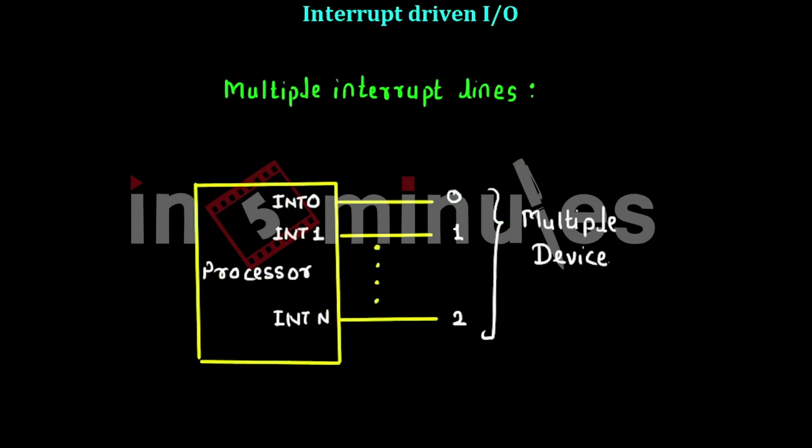So the first way of handling multiple interrupts is having multiple interrupt lines for the multiple devices. In this way, the processor can easily identify the device from which the interrupt was generated. However, there are limitations on the number of lines that can be handled by the processor at a time, so this method is not commonly used.